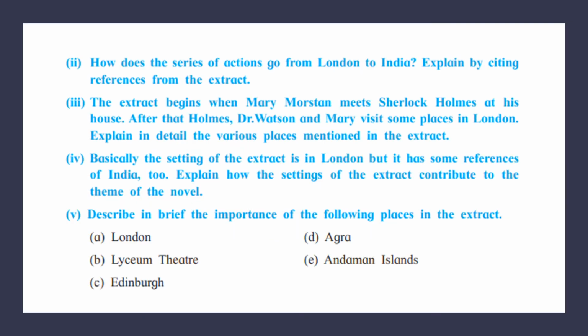Various places of importance are mentioned in the novel The Sign of Four, and we will be discussing each one in brief. The importance of Edinburgh. Mary was placed in a comfortable boarding school at Edinburgh after her mother passed away. Mary remained at Edinburgh until she was 17 years old.